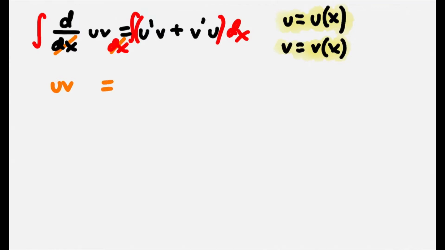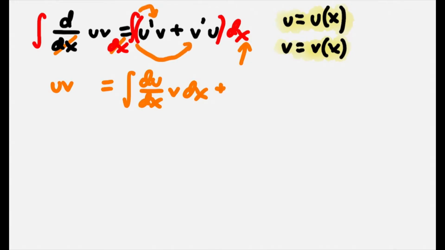Over here, this u prime, I'm going to rewrite as du over dx times v, and then I'm going to distribute this dx to it, so times dx. Then I'm going to add, and this integral is going to distribute to both of these terms. So I'm going to do the integral of dv over dx.